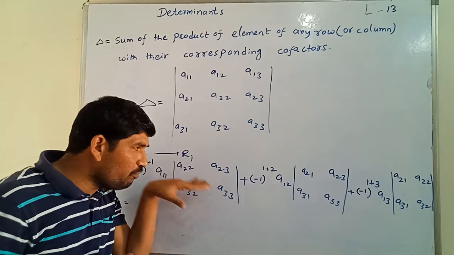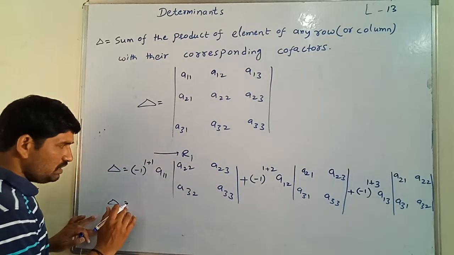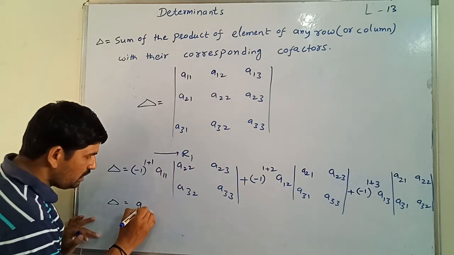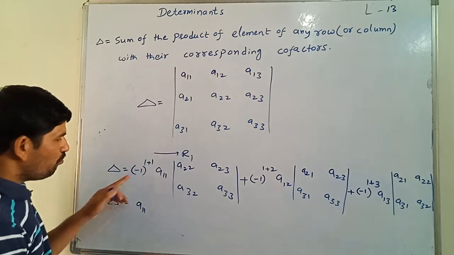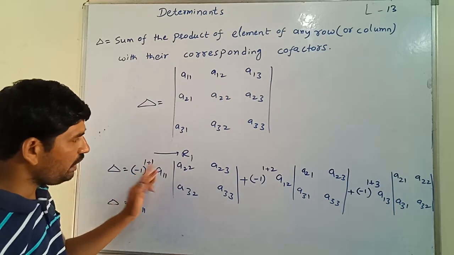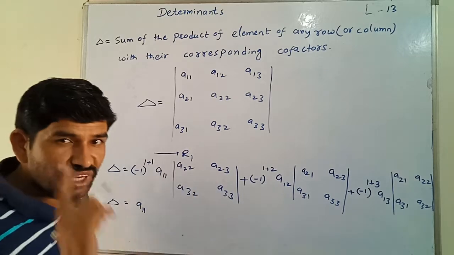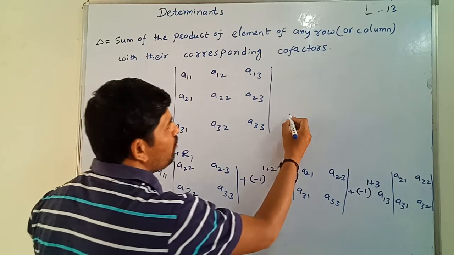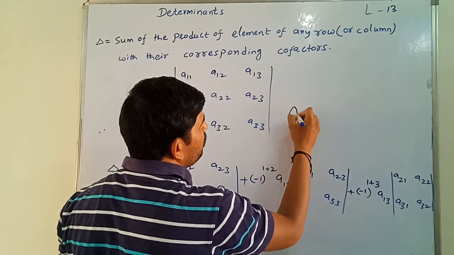I will write for this: the determinant is equal to A11 into minus 1 whole power 1 plus 1 into this minor. We know the cofactor. Suppose I ask you to write the cofactor of A11.